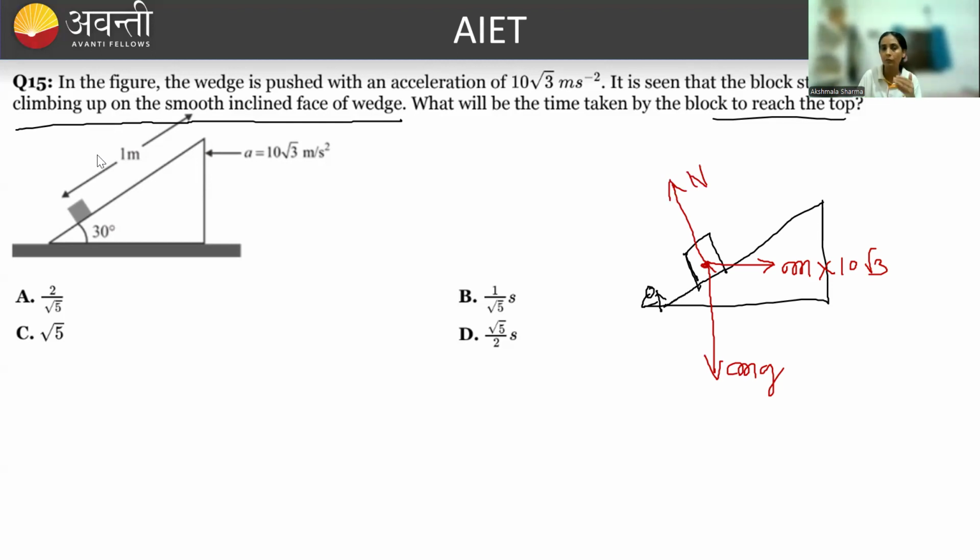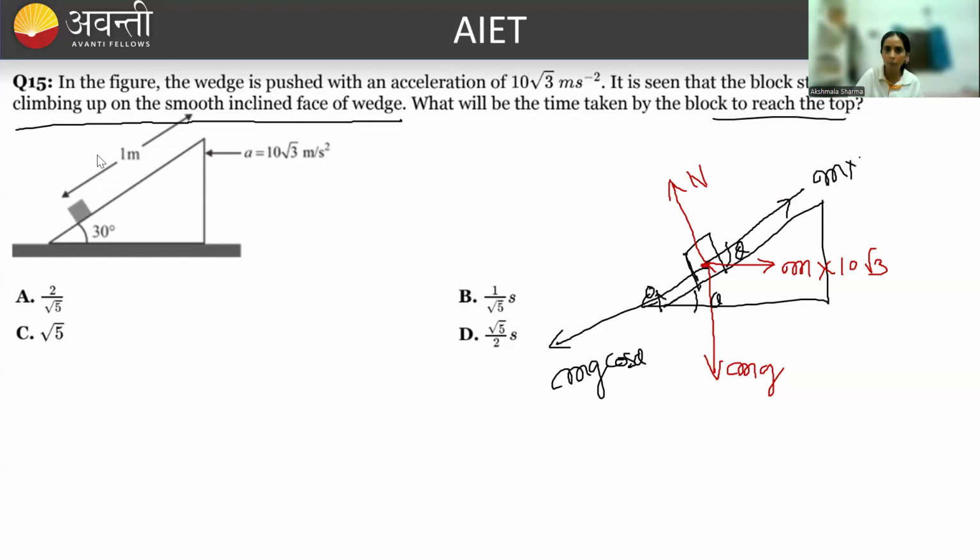For that, force has to be along the plane. So mg will have a component along the plane, and there will also be a component of ma along the plane. So this is in the upward direction. This is theta, this is also theta, right?